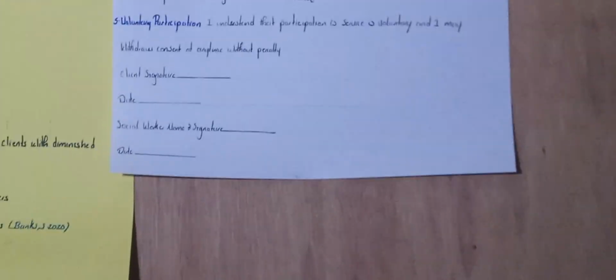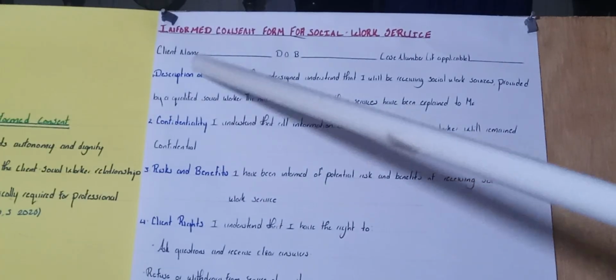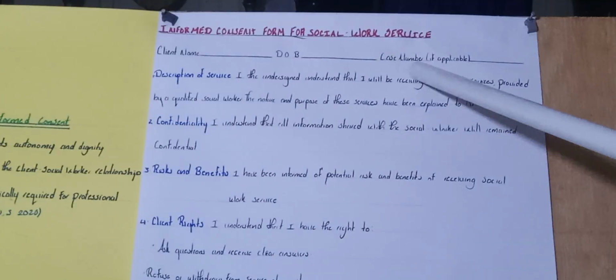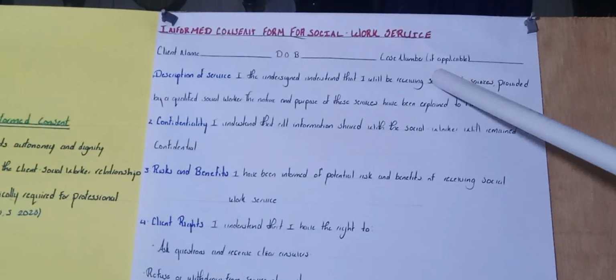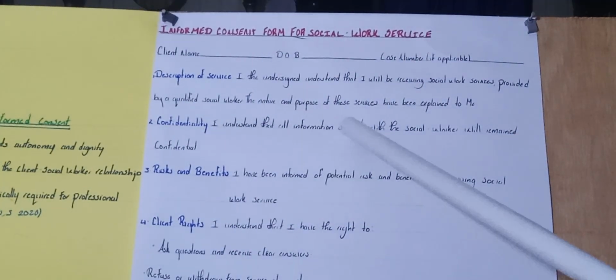Now we move to discuss what the informed consent form is like. Here, we are going to discuss the information that the informed consent form contains for social work services. First, it has the client's name, the client's date of birth, the client's number, if applicable, which is phone number, and description of the service.